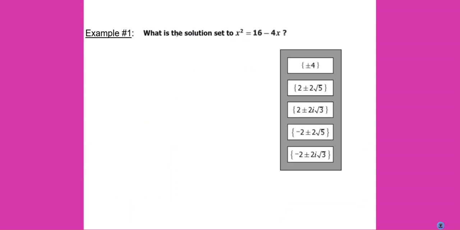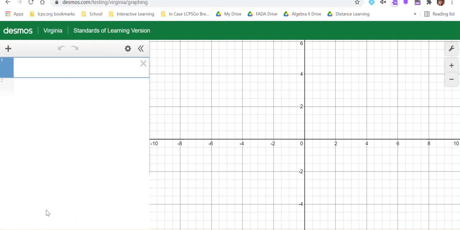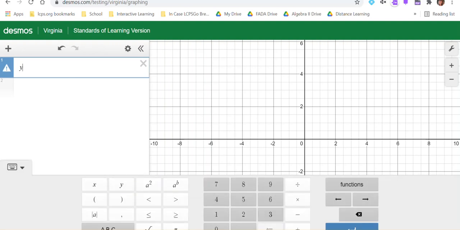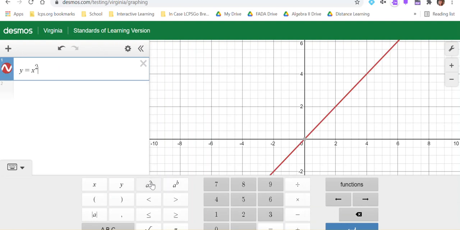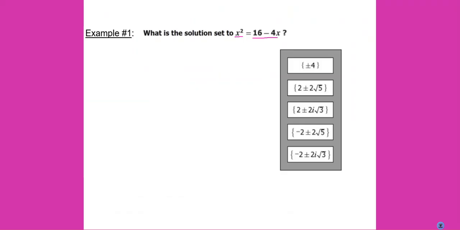So what is the solution set to x squared equals 16 minus 4x? I'm going to go over to Desmos. I'm going to put in y equals x squared, then y equals 16 minus 4x.